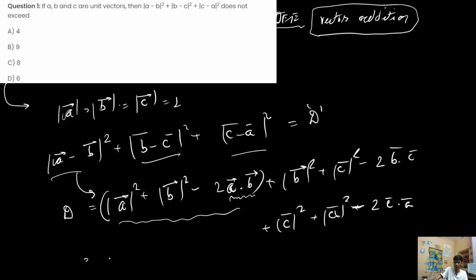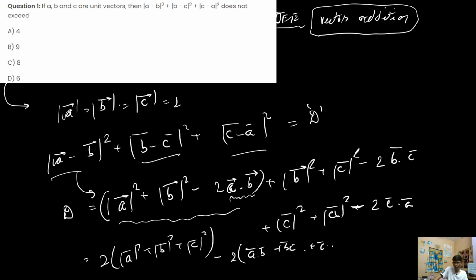Now from here, if I solve the result, I will get 2 times the modulus of a whole square plus the modulus of b whole square plus the modulus of c whole square, minus 2 times a dot b plus b dot c plus c dot a.